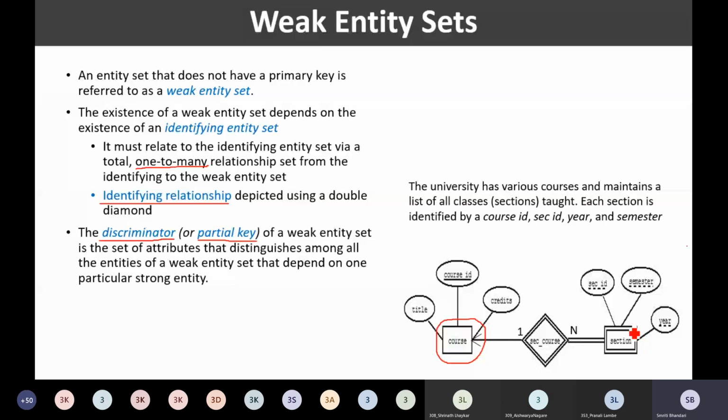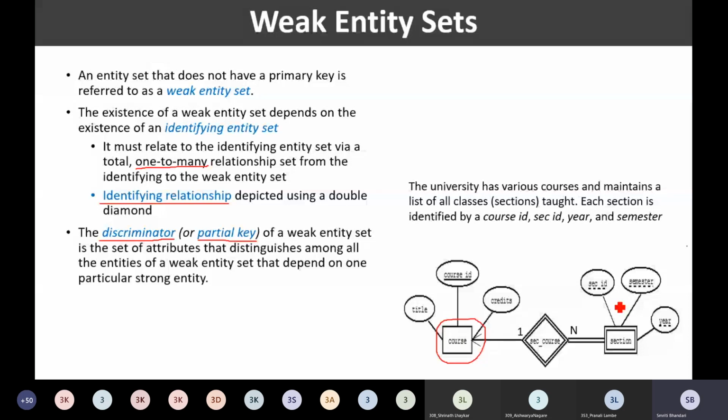But my weak entity set has the partial key or the discriminator key. And what do we mean by this partial key or discriminator key? This key helps me to distinguish among the entities that depend on the same strong entity.